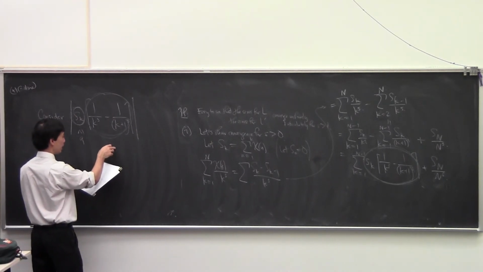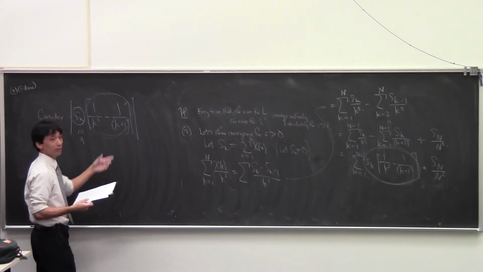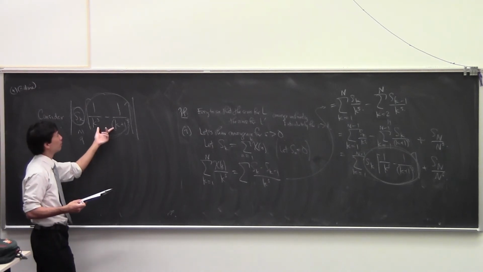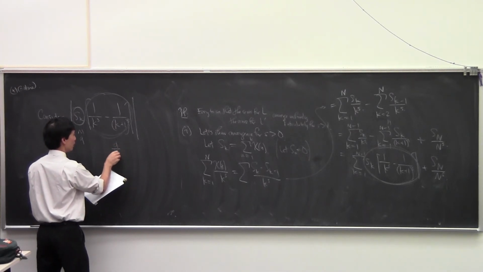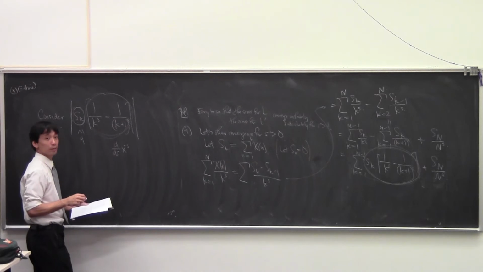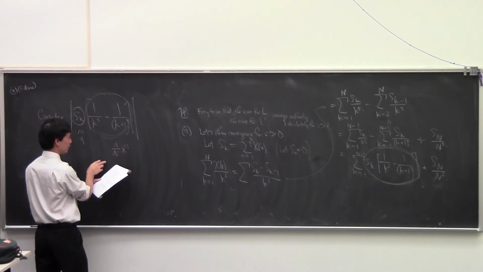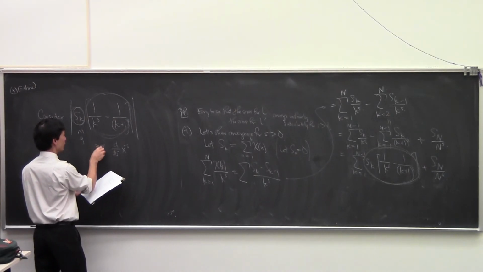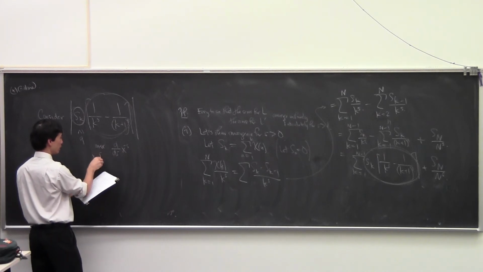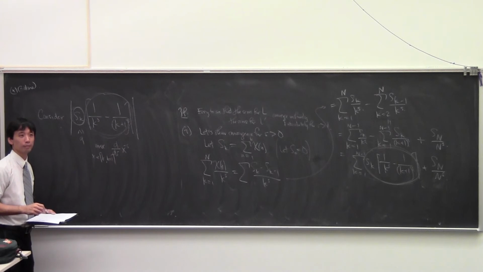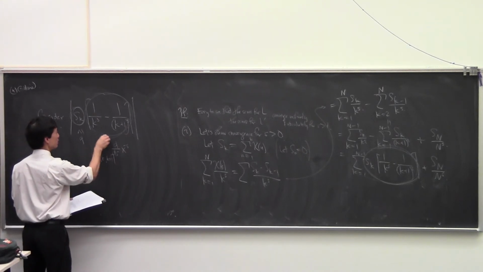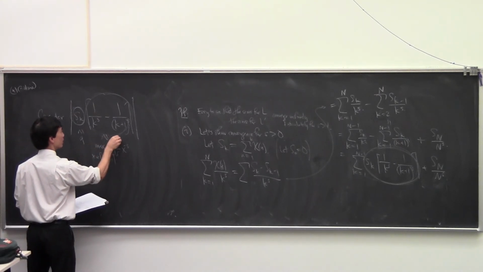This is controlled by the mean value theorem. We can think of this as controlled by the derivative of x to the minus s, as x ranges over k to k plus 1.